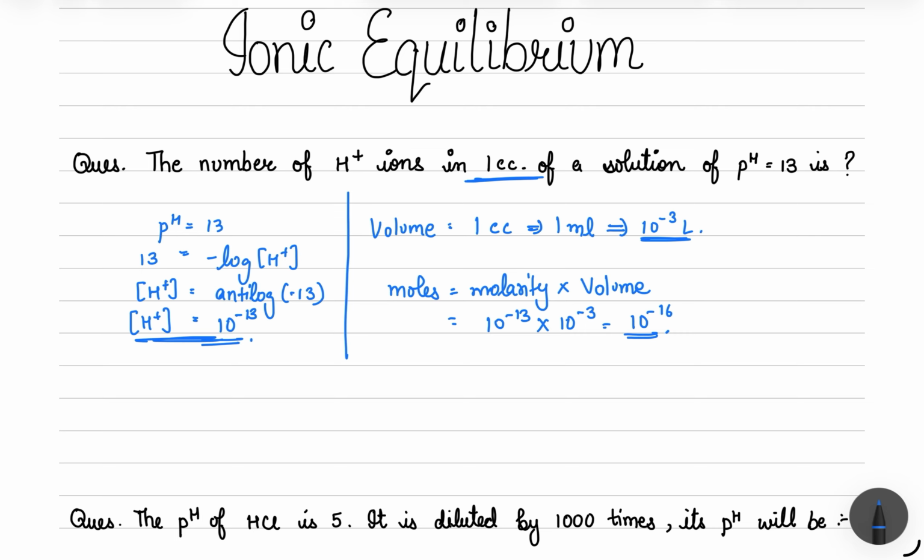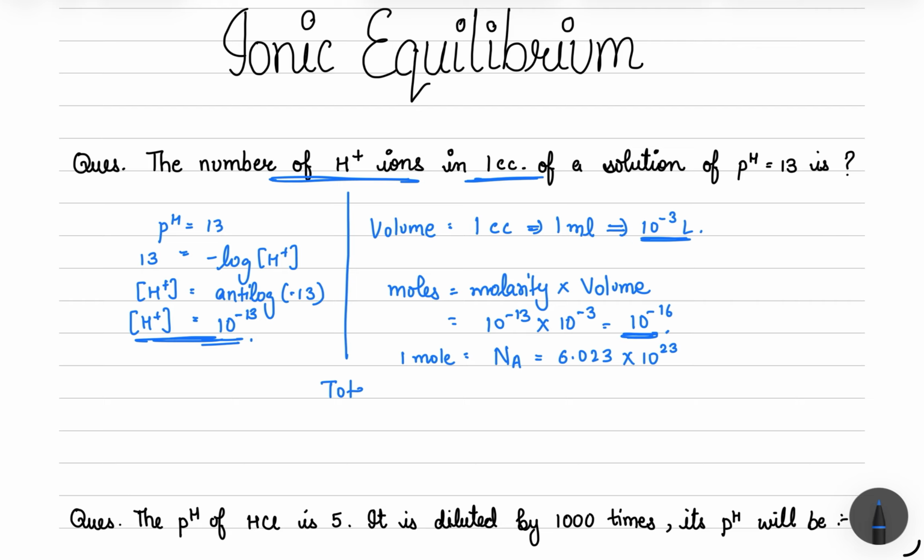Okay, now what question is asking is total number of H plus ions. So we know in 1 mole how many number of ions will be there, Na, that is Avogadro number 6.023 into 10 raised to power 23. Okay, now we have 10 raised to power minus 16 moles.